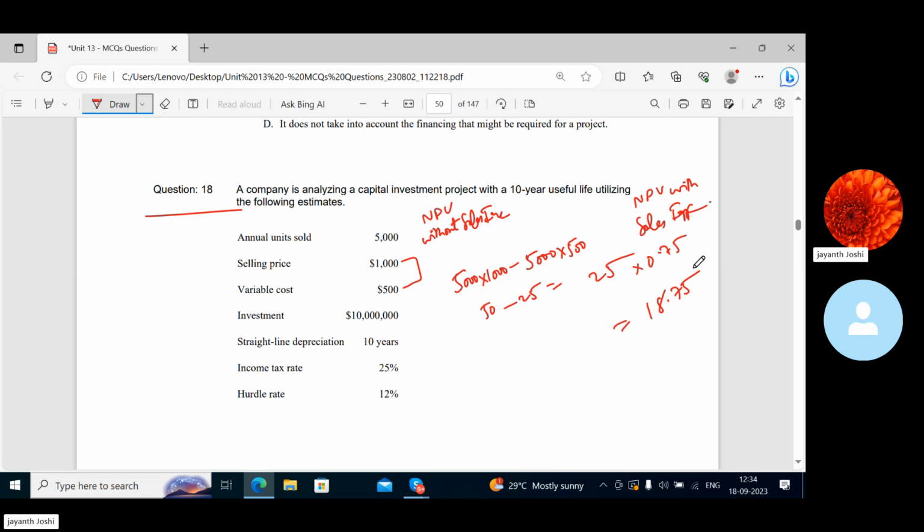And then depreciation tax shield. Investment is 10 lakhs, it seems, divided by 10, into tax rate 25%. So 2 lakh 50,000. So 2.5 I will take. So 21.25, right?